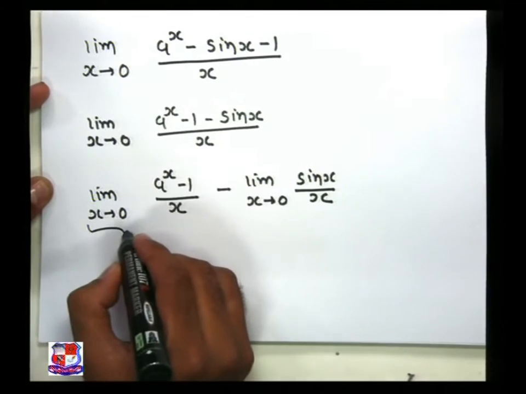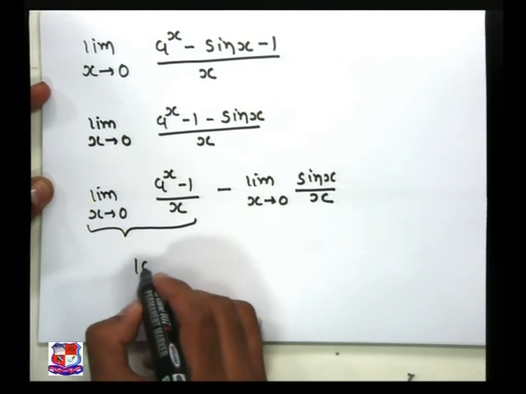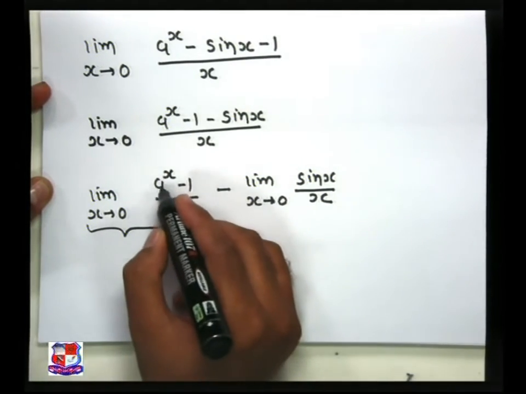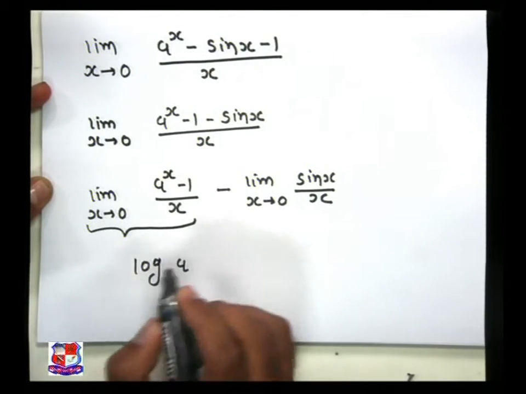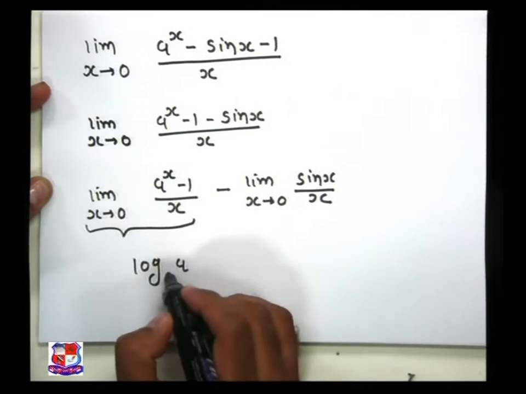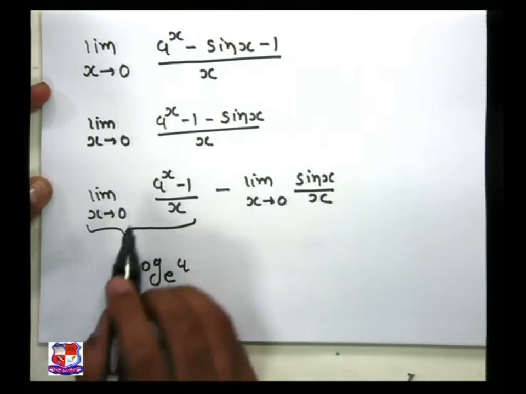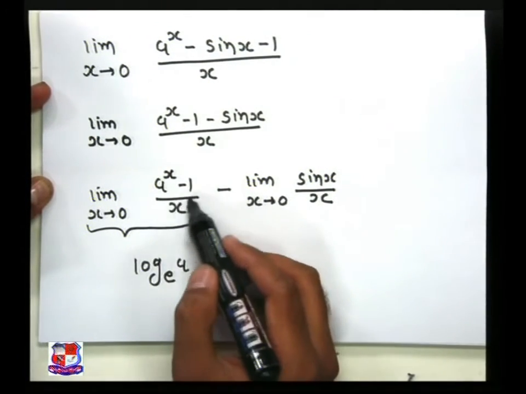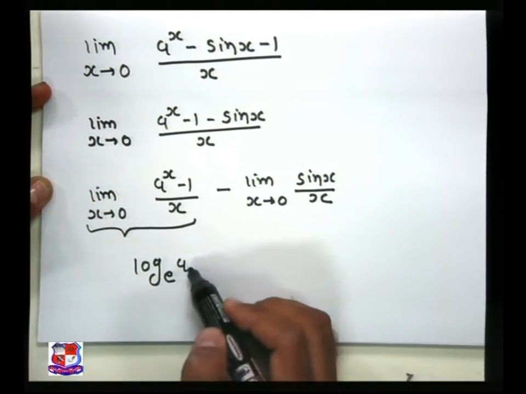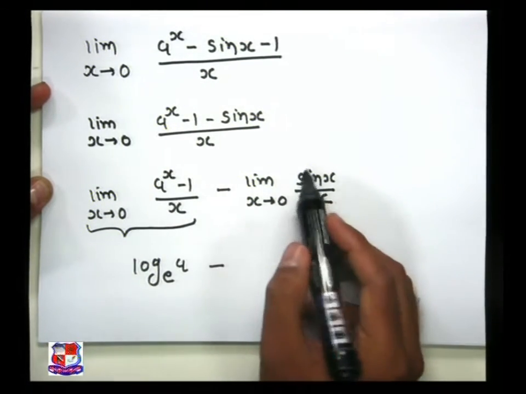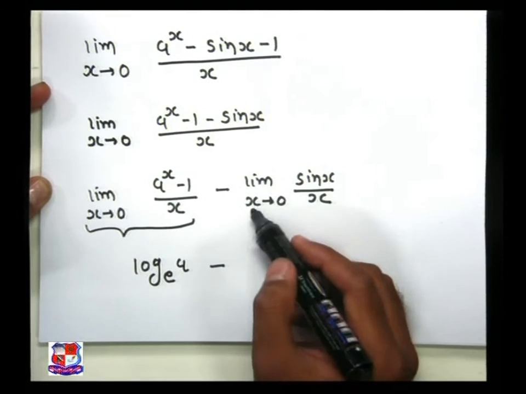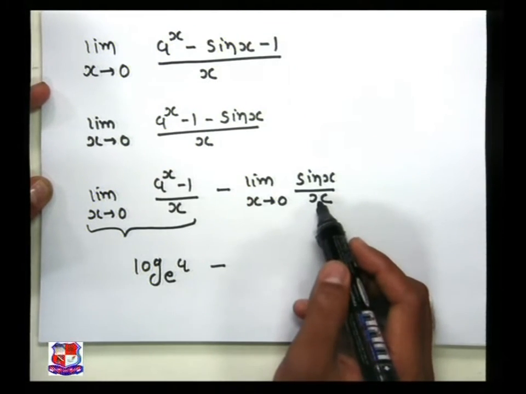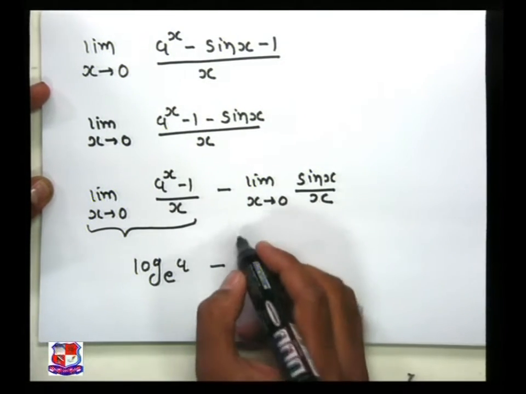So up to now that becomes log a, and always remember the base value is e. So limit x tends to 0 a raised to x minus 1 upon x becomes log a minus, and today's sum limit x tends to 0 sin x upon x, that we called 1.